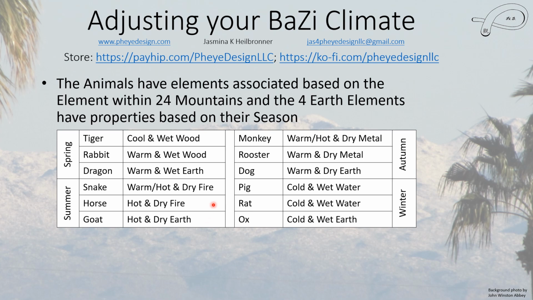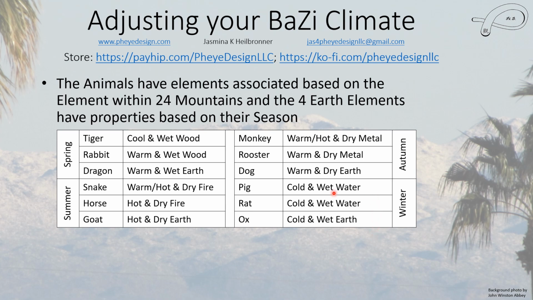This is why the dragon and the goat, the ox and the dog are treated a bit differently, because it's a different element. And so in autumn, metal is the strong one. The monkey and the rooster are metal. And so this is why it's hot or warm and dry metal. But the dog is warm and dry earth.